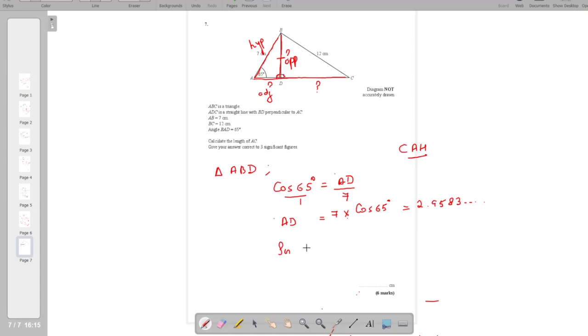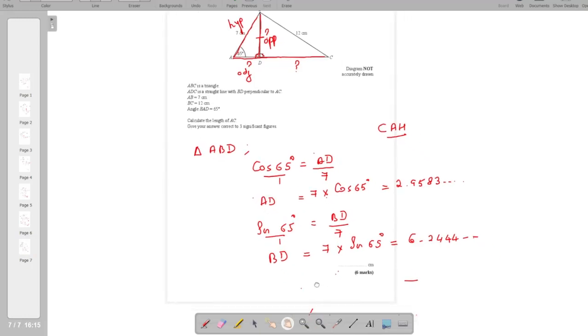Sin 65 is equal to BD over 7. Therefore BD is, cross multiply, 7 times sin 65. That gives you 6.2444, carries on. Now we got the BD.